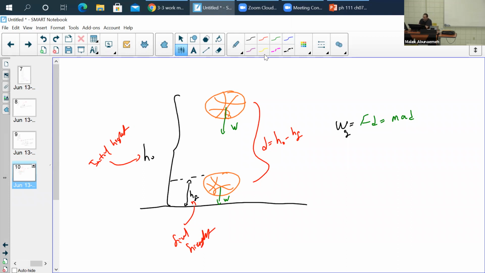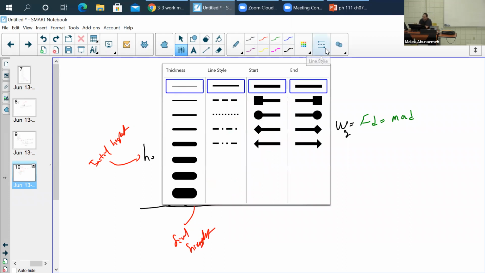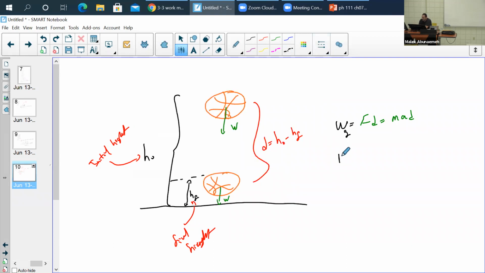So, which means that our work when it comes to gravity, this formula, is going to equal your mass times your gravity multiplied by your distance, which is your initial minus your final, which is going to equal your mgh. And your acceleration, I forgot to mention, is going to be your gravity, which is 9.8 meters per second squared.